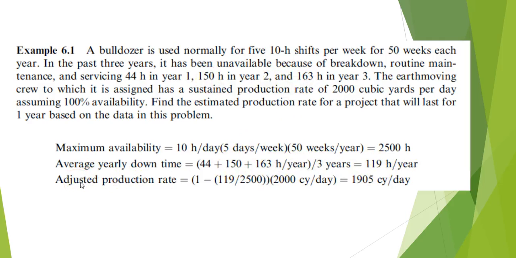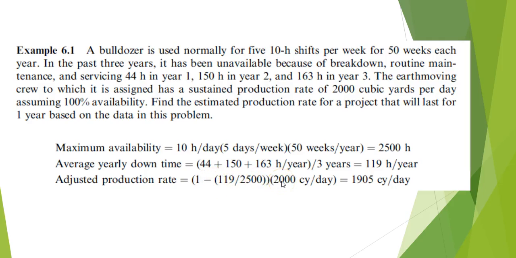And then we can calculate an adjusted production rate. Here's that 119. So 119 divided by 2,500, the total number, gives you the percent unavailable, doesn't it? And you subtract that from 1 or 100%, that gives you the amount of availability.